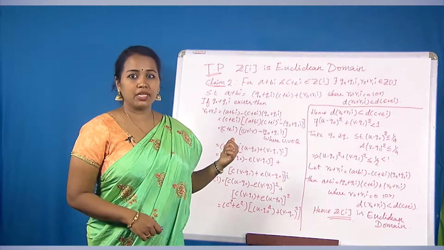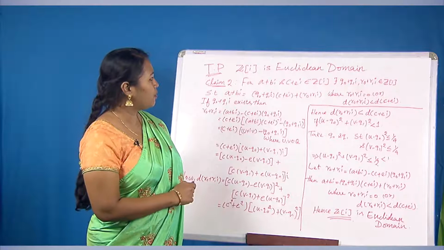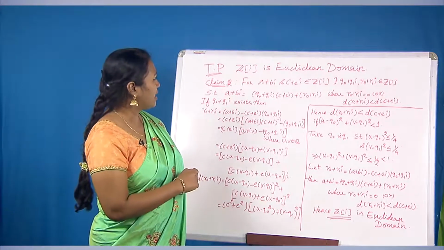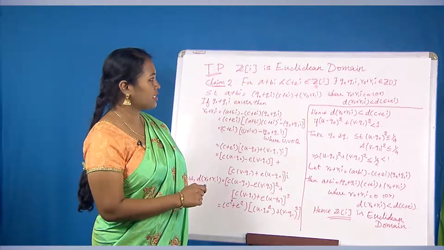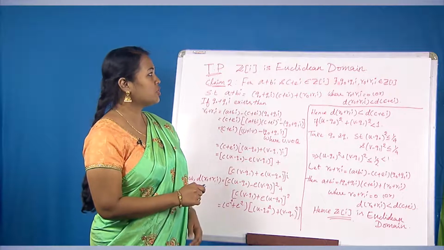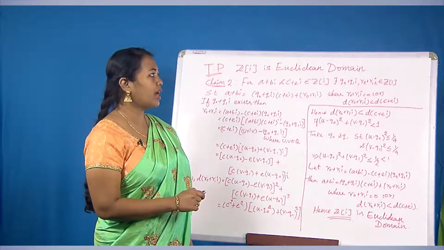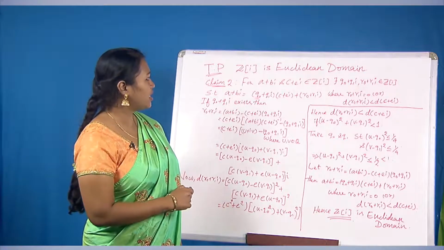We already proved the first part of the theorem. Now, we come to the second part, in which we have to prove the division algorithm part. So, we have to show that the second claim is this: for A plus Bi and C plus Ei belonging to Z of I, we are supposed to prove that there exist q0 plus q1 I and r0 plus r1 I belonging to Z of I, such that this condition is true.